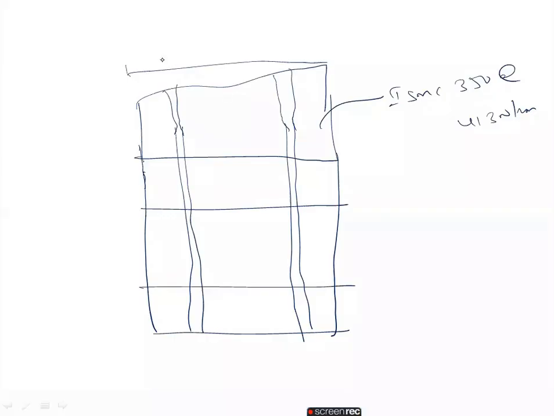I'm sharing screen again. And also I am providing the 5 bolts, 1, 2, 3, 4, 5, and 1, 2, 3, 4, 5. So here also 5 bolts I am providing. So this is the channel section.